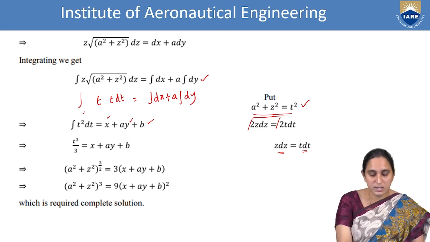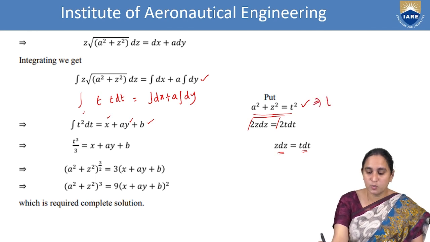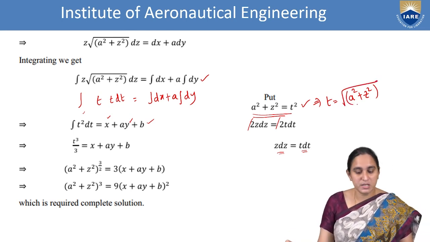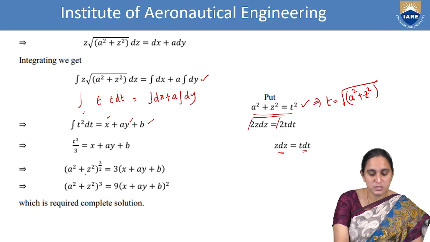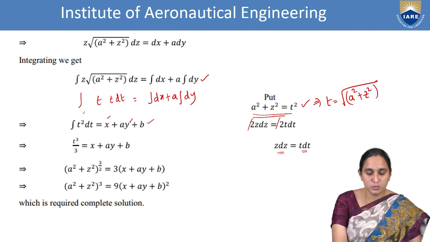But what is t? Our assumption is that t is root of a square plus z square. Just substitute there: a square plus z square whole power 3 by 2, and the 3 I'll take to the RHS, that is 3 into x plus ay plus b.